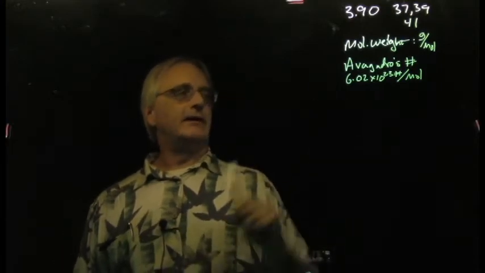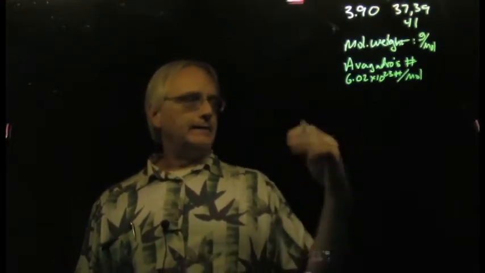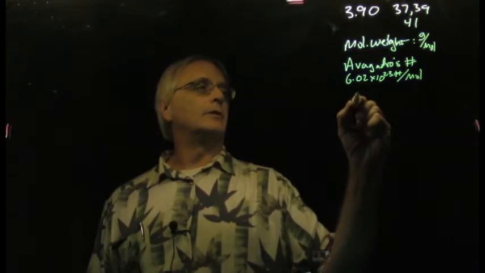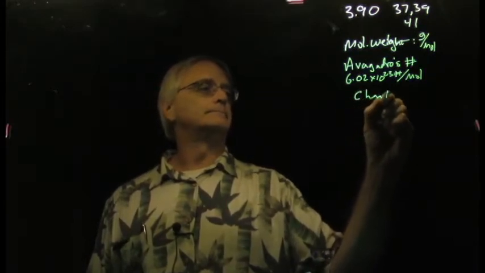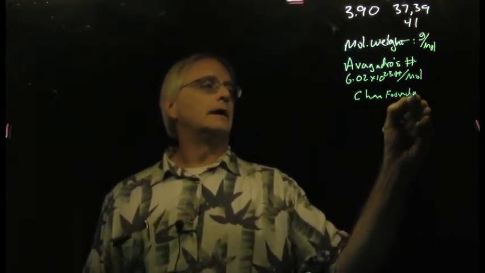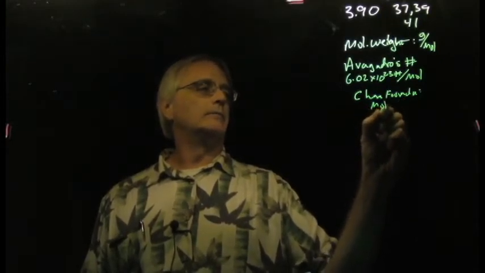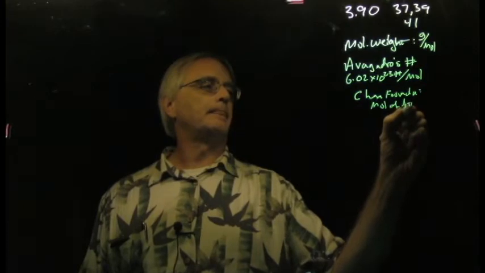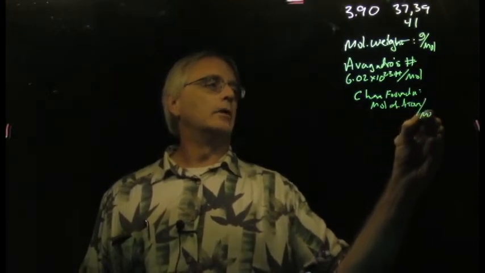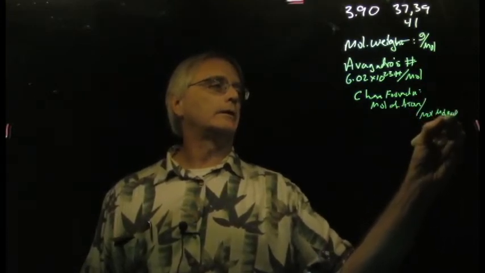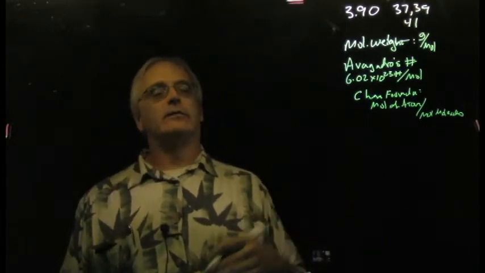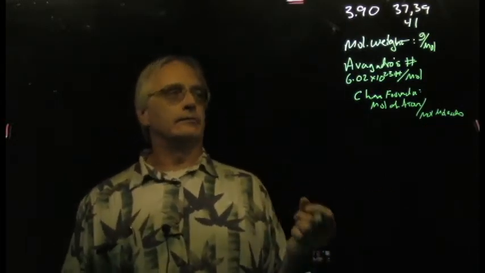Okay, that's its definition. And then finally, the chemical formula of any molecule relates moles of atoms to moles of molecules. And that is going to be a critical one in here as well.